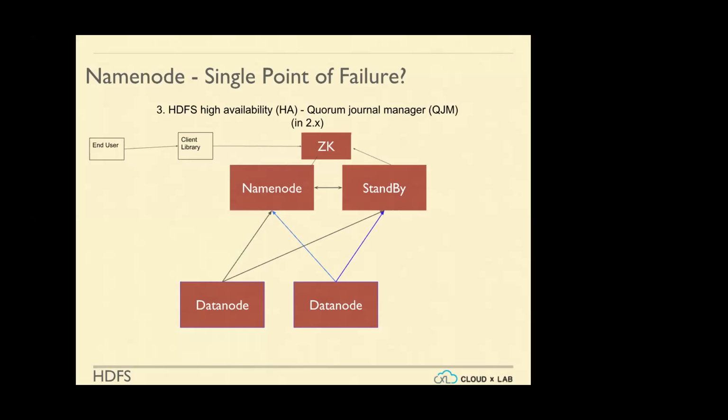A question from Grishma: are the locations the same for name node and data node? Name node location as in the physical one? No, they can be on different networks.